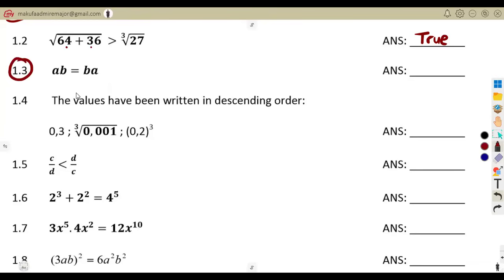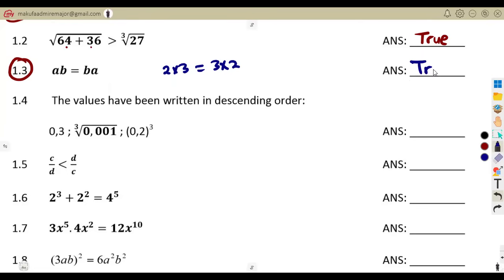Then on 1.3, we are given that the product of AB is equal to BA. Is it true that the product of A and B and the product of BA is the same? This is true. Remember your commutative law under multiplication: 2 times 3 is the same as 3 times 2.